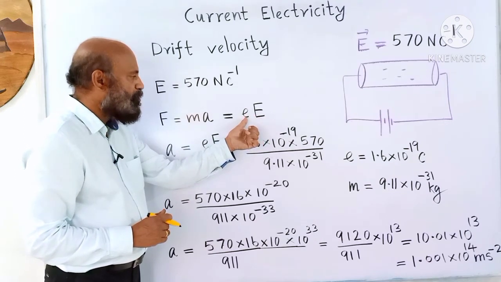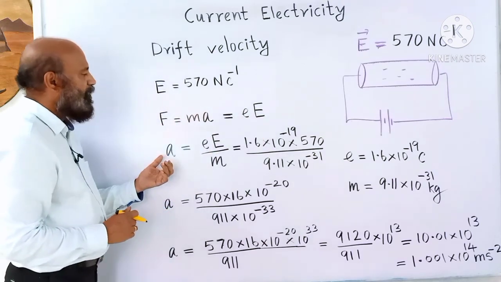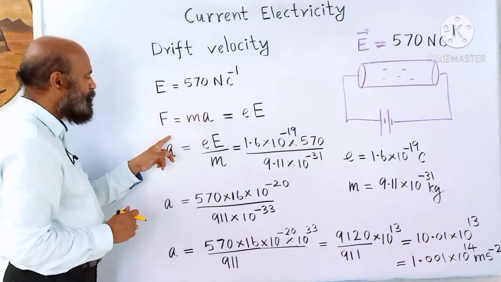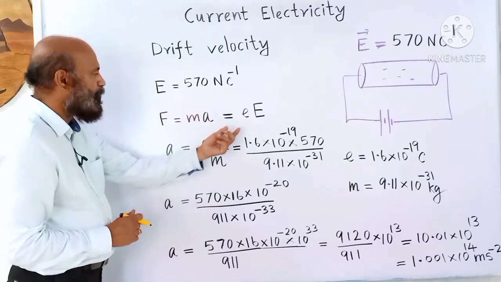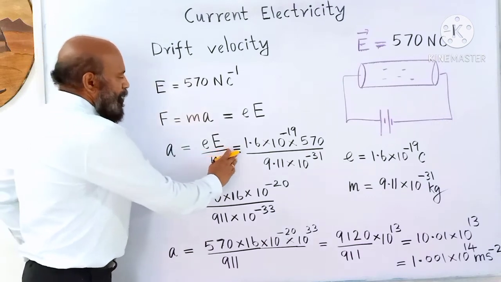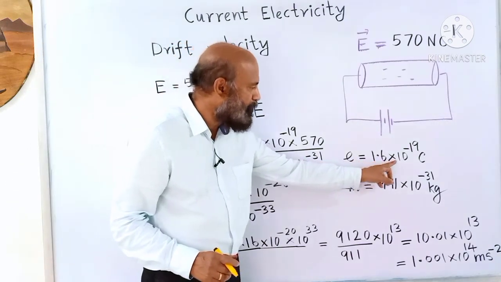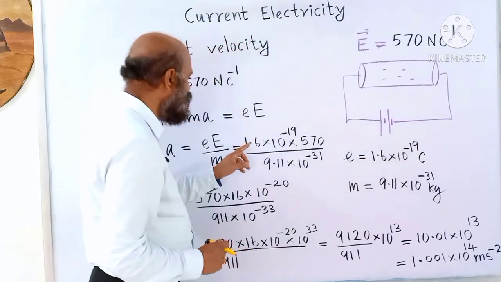The charge on the electron is e. So F is equal to eE. Then acceleration is force divided by mass, so eE by m. The charge of an electron is 1.6 into 10 raised to minus 19.